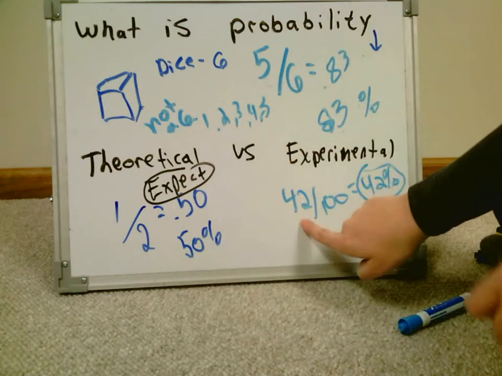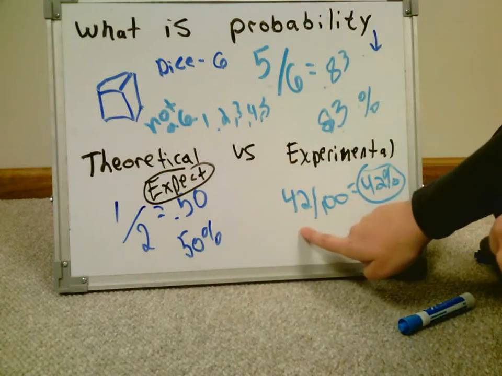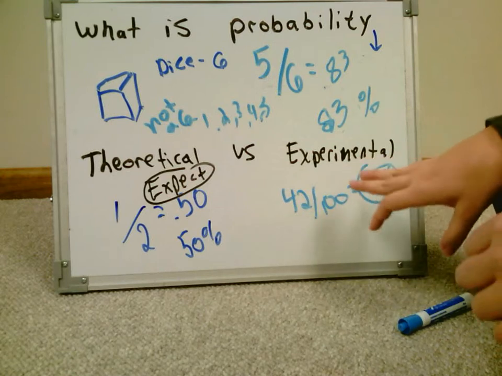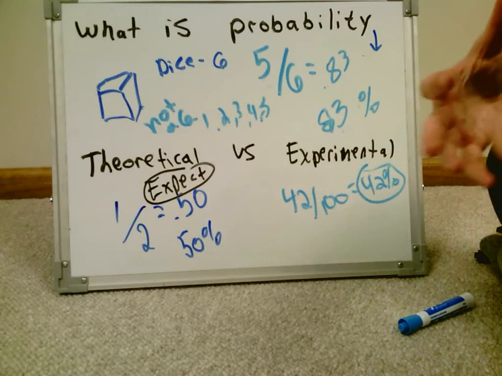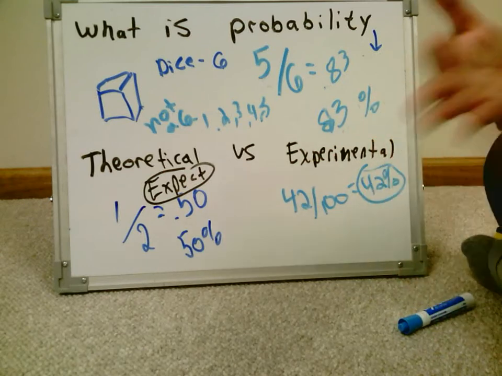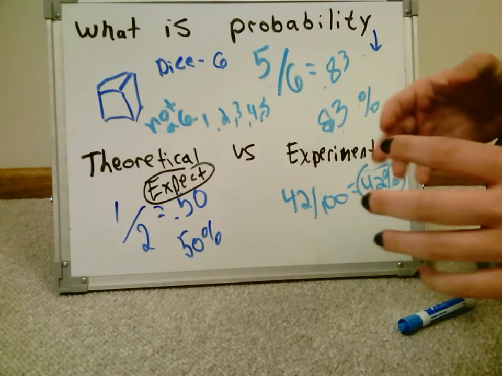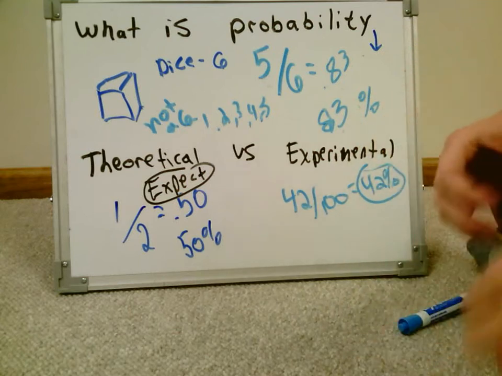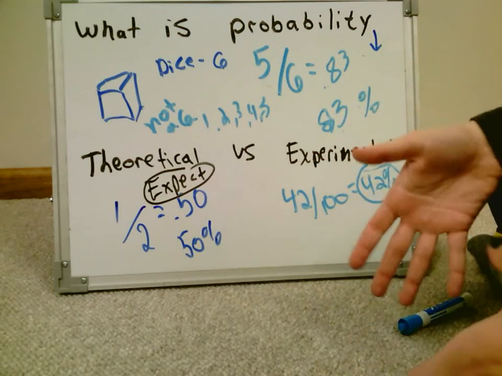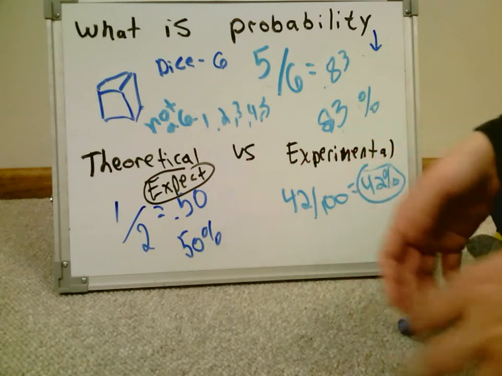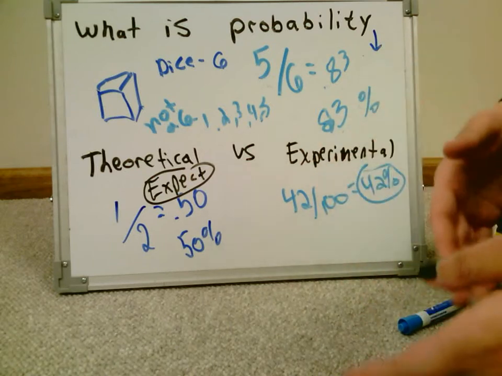I had 42 flips that were heads. But I had a total of 100 trials, okay? So the bottom number is your total number of outcomes. Regardless of them being heads or tails, how many outcomes will I have? Well, I flipped a coin 100 times, I'll have 100 outcomes. I just don't know if they're heads or tails.